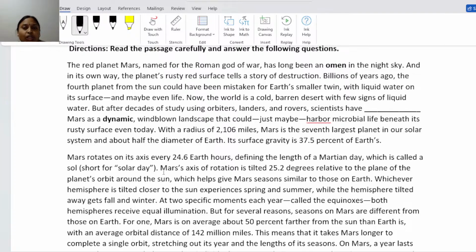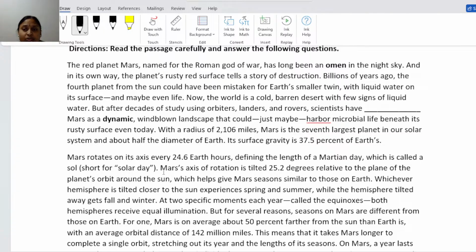Now the world is a cold, barren desert with a few signs of liquid water. But after decades of study using orbiters, landers and rovers, scientists have dashed Mars as a dynamic.